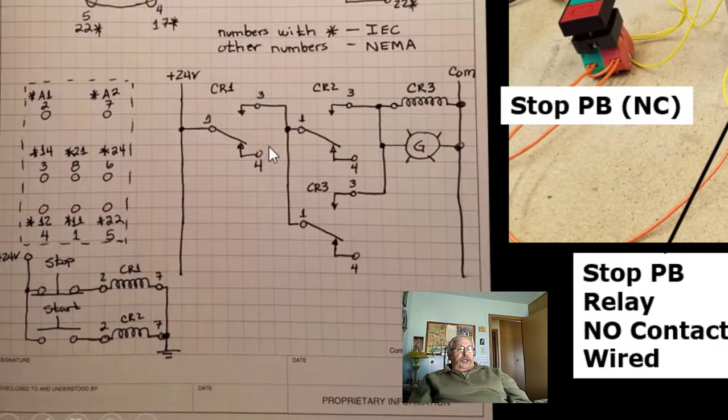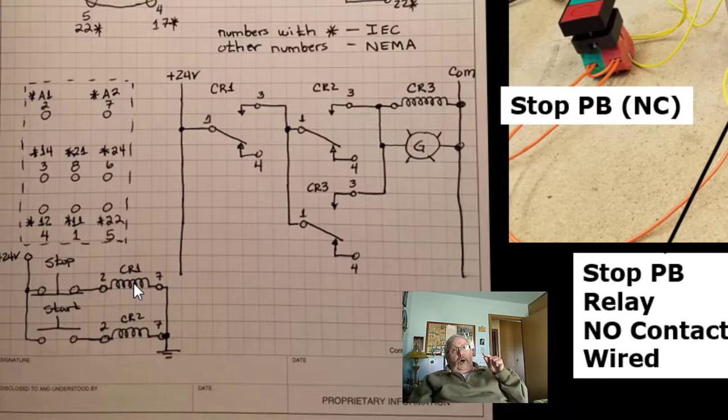So when I drew CR1, which is going to be my stop relay, I had to know that under normal operating conditions, when nobody's pressing the stop push button, the CR1 coil will be energized, which means the contacts of that relay are going to be in their energized state or their reverse state.